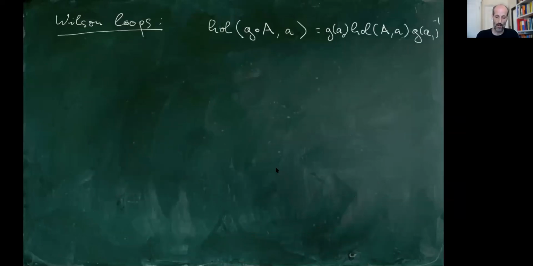And so you see here, if you take a closed loop so that this guy is the same, and you apply to this any function which only depends on the conjugacy class of an element of G, well then of course you get something which is invariant under the action of the gauge group, right? Because this is just conjugation by some element, and so obviously it doesn't change the conjugacy class.